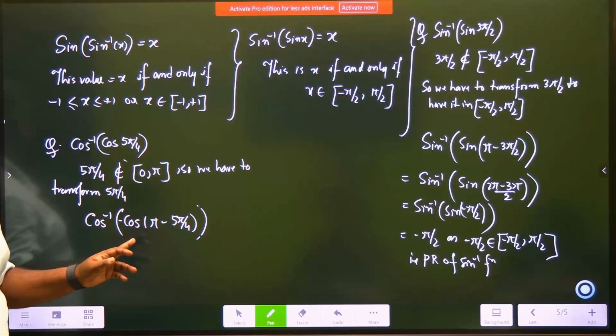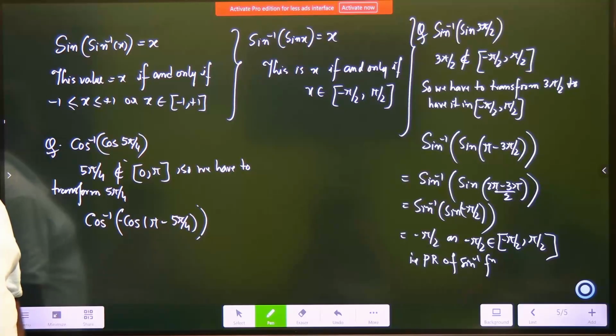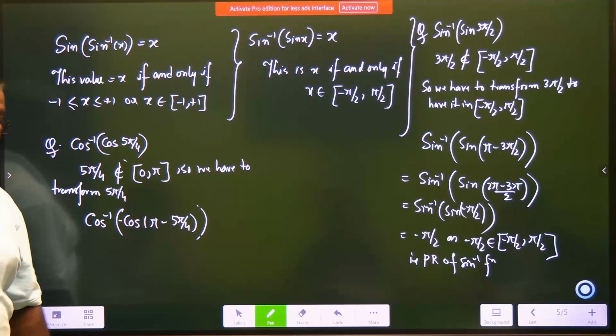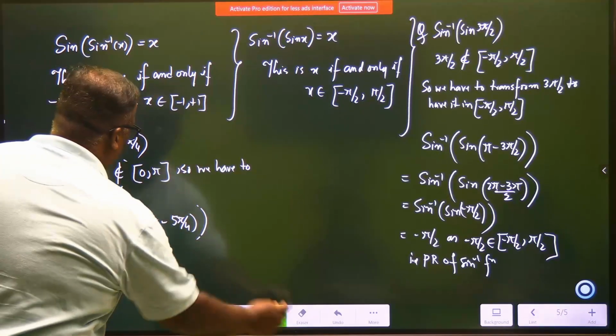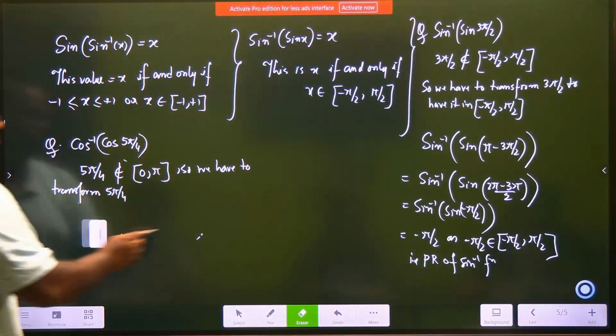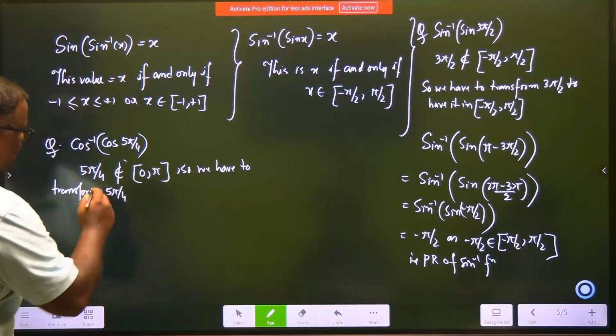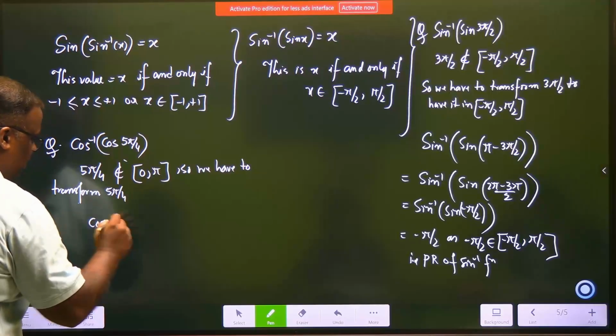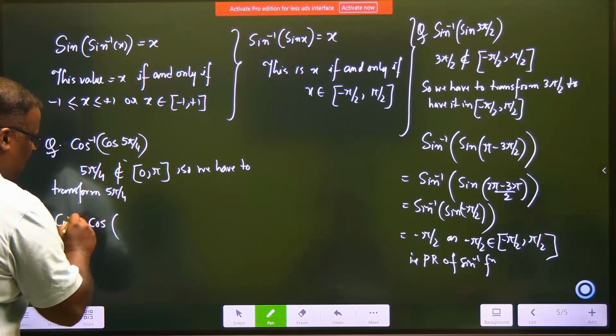If we add pi plus pi by 4, it should land in the fourth quadrant. Pi plus 5 pi by 4. That's what I'm saying, this iteration you have to work out. This is cos inverse. It will easily come in. Just wait for 1 or 2 problems.